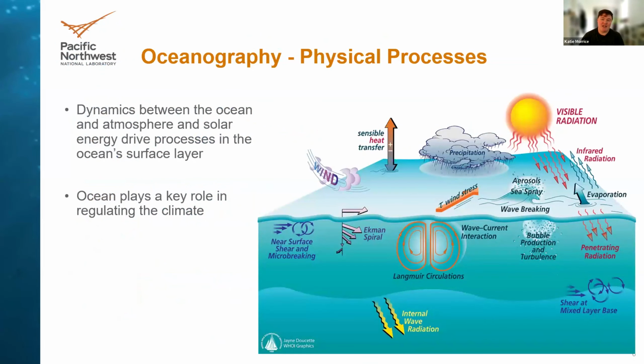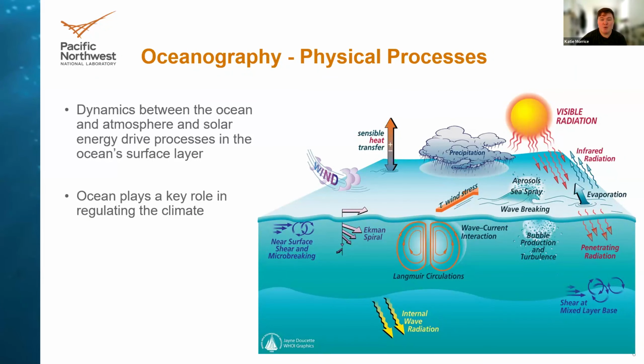Today's presentation will highlight potential oceanographic effects of offshore wind from physical processes to potential ecosystem interactions. Before we get to that, I'd like to provide some background information on oceanography, nutrient cycling, and biological productivity. The ocean is influenced by a number of physical processes, and dynamics between the ocean and atmosphere, as well as solar energy, drive many of the processes in the ocean surface layer.